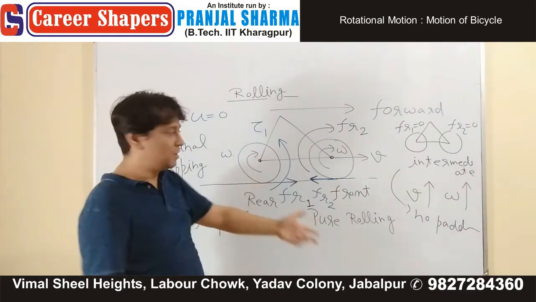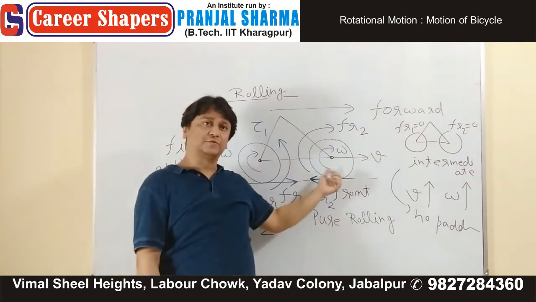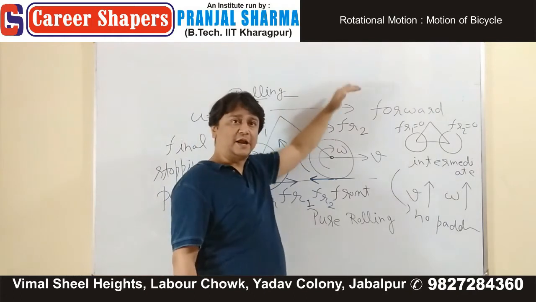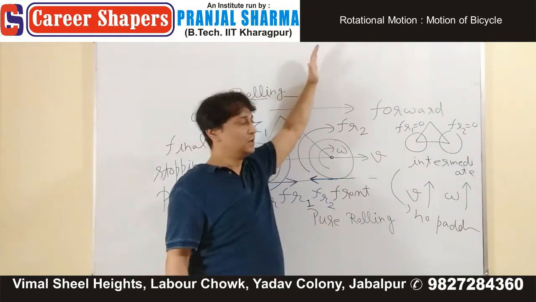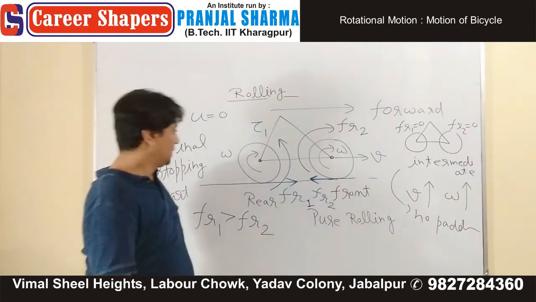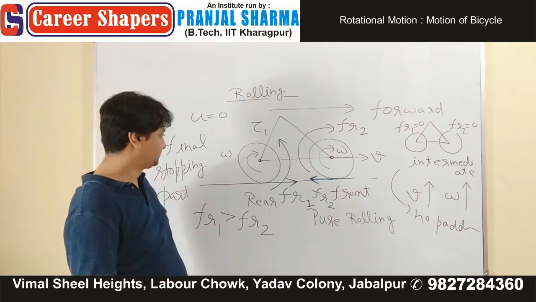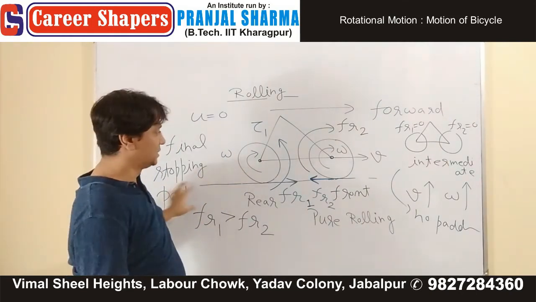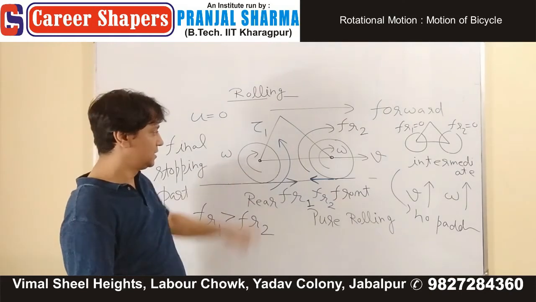I hope you remember, we normally do not apply brakes for the front wheel because it creates an extra angular momentum and the whole thing will jump and will create harm. So, brakes are being applied to stop the bicycle and brakes are only present in the rear wheel.